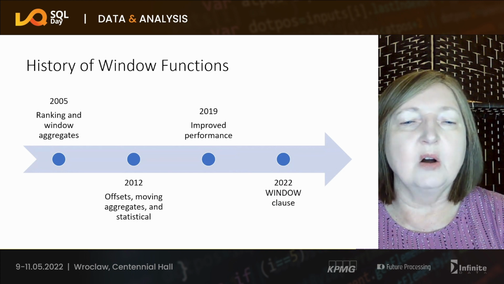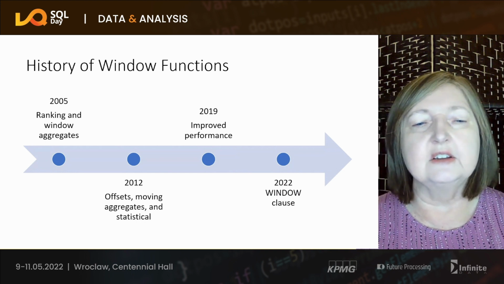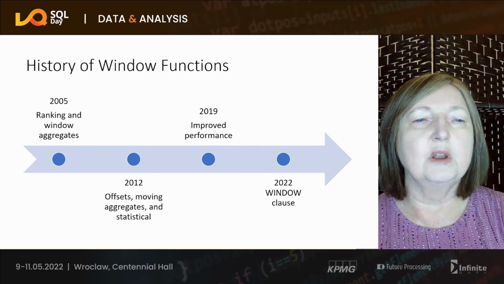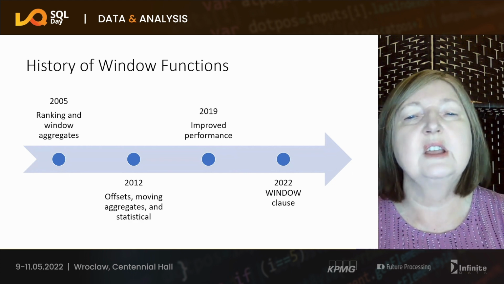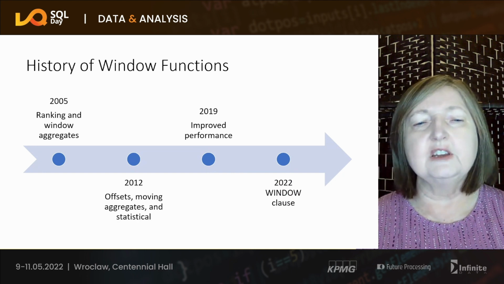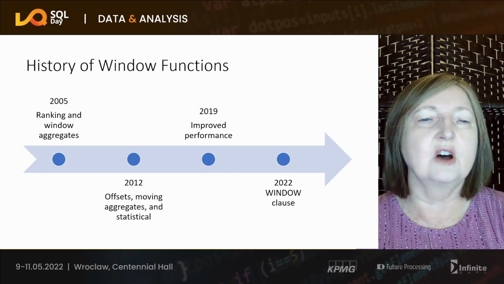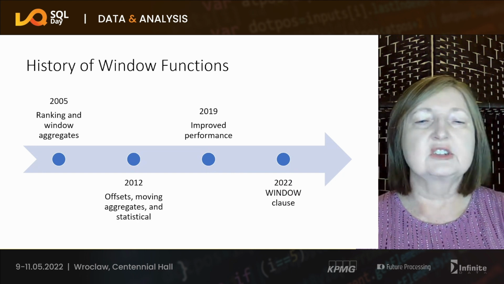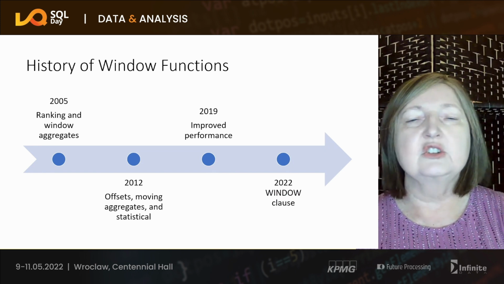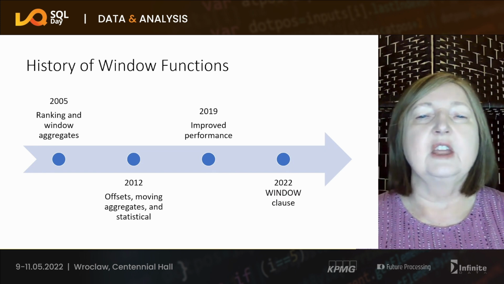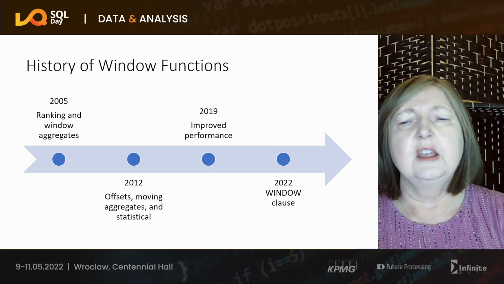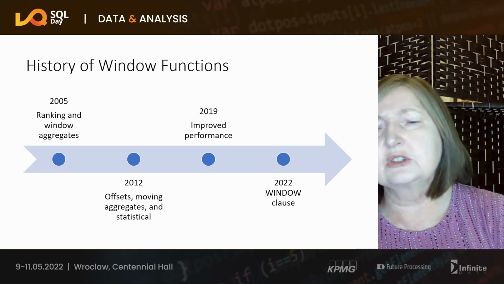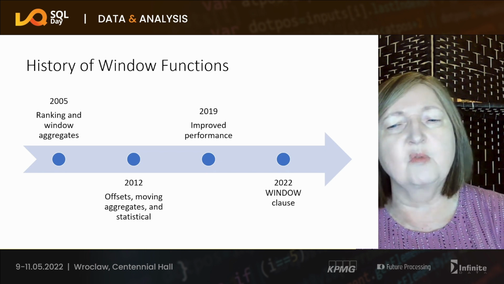In 2012, Microsoft added several more window functions, and I'll show you the different performance. There are a couple of issues with performance, not on all of them, just a couple in particular. In 2019, they have taken care of that issue, and in 2022, there's not any difference in performance.